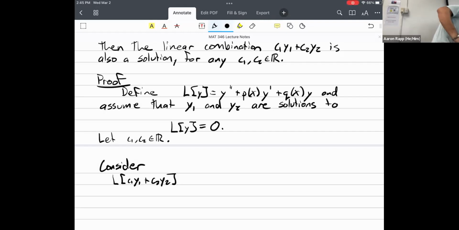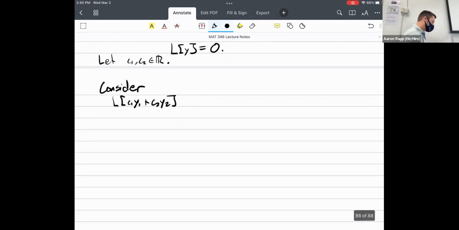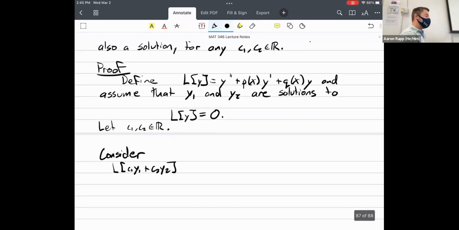All right, well, let's work it out. What the linear function L tells me to do is, whatever you give me, take the second derivative of it. Add it to p times the first derivative.